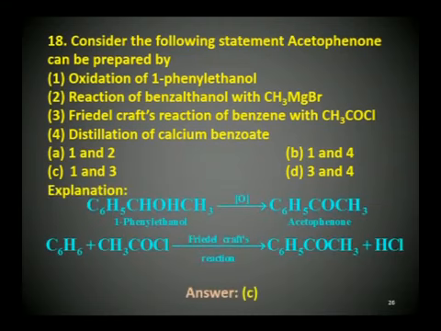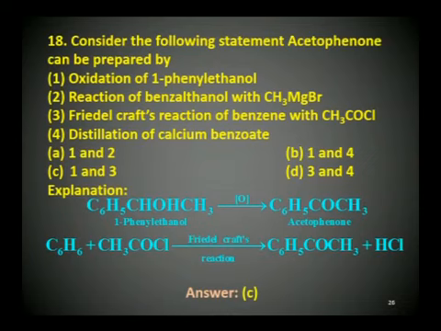You can see the reactions shown on the screen. 1-phenylethanol is oxidized to produce acetophenone, and when benzene reacts with acetyl chloride, that is CH3COCl, that is Friedel-Crafts reaction, which we also call Friedel-Crafts acylation, it produces acetophenone.